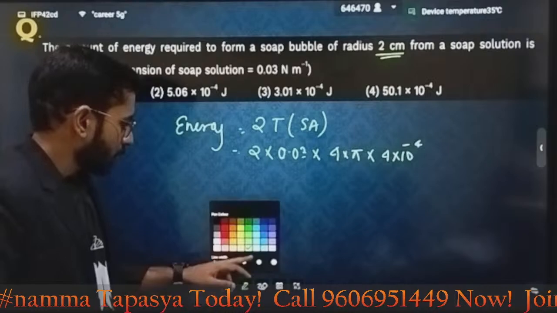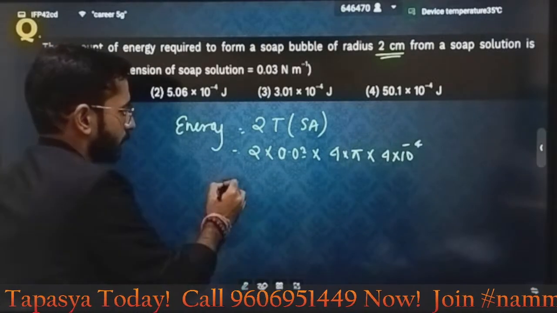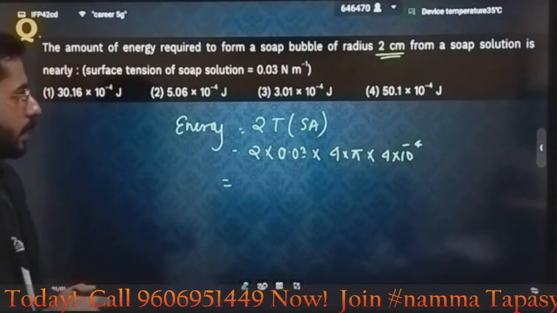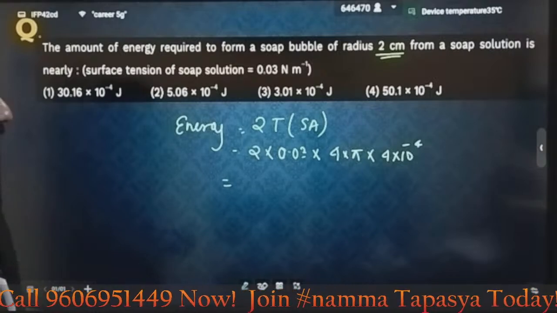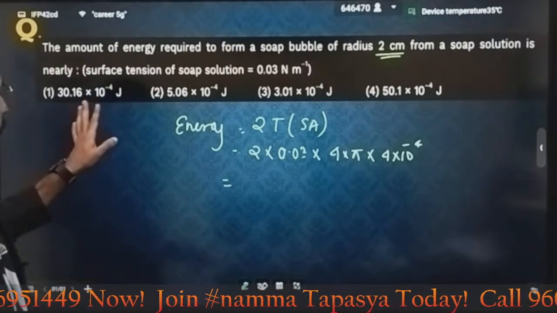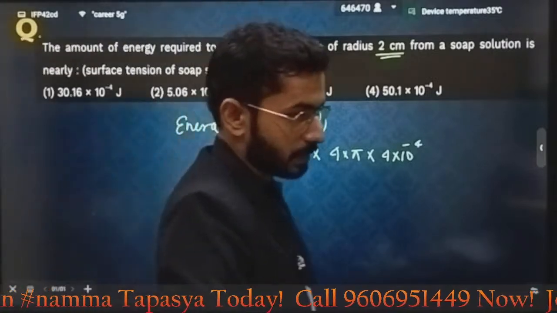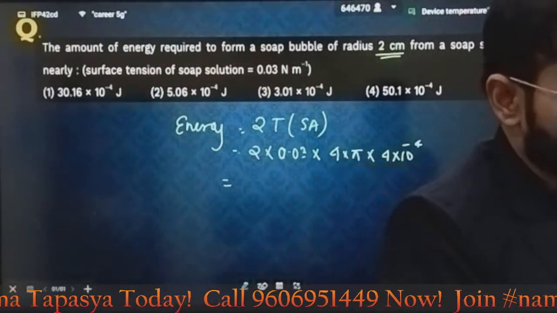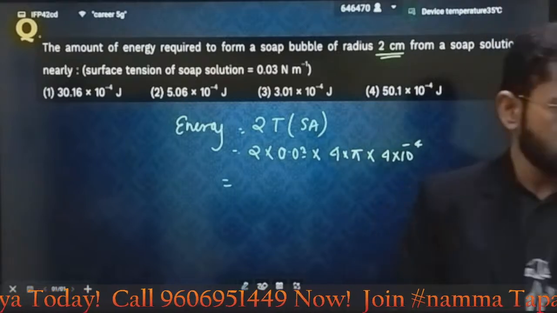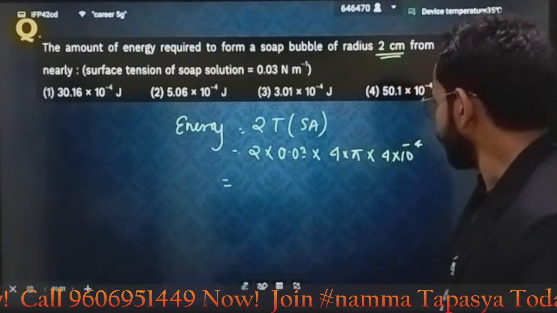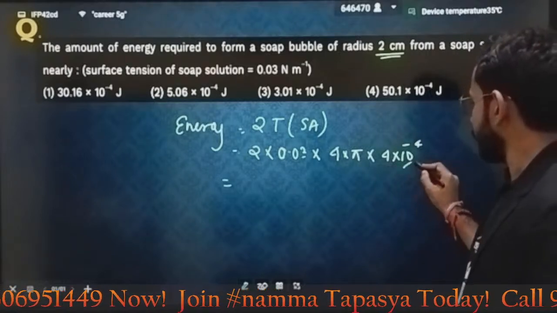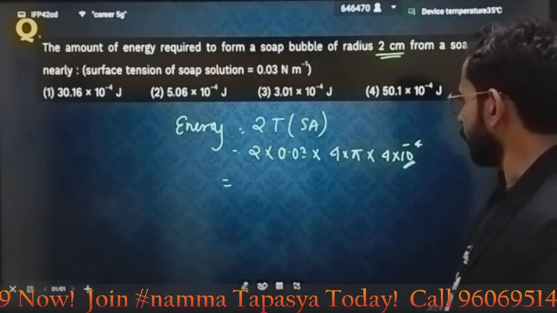Now let's see how we can judge the answer. Answers are not in pi terms, and there is also no term that is easily divisible by 22 by 7. That is also one problem. Let's see what we can do. Already there is 10 power minus 4 here.